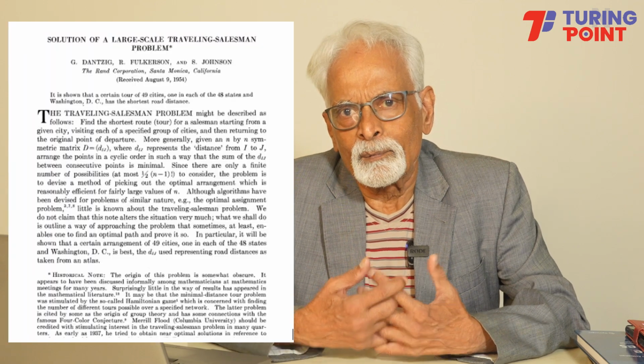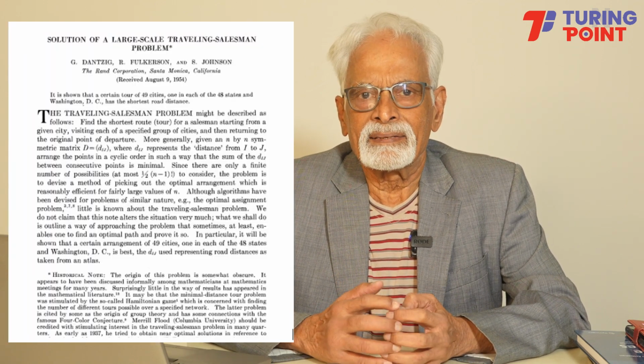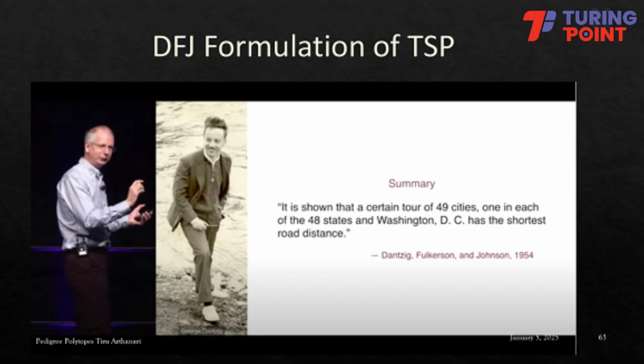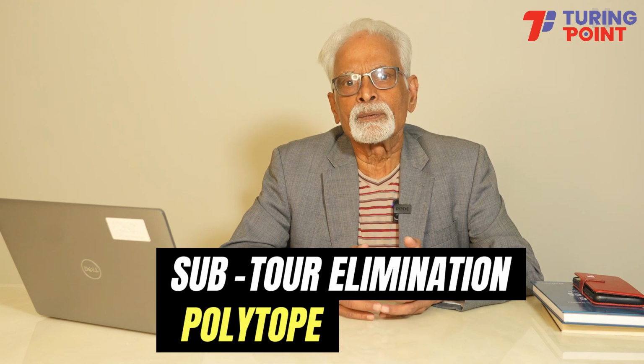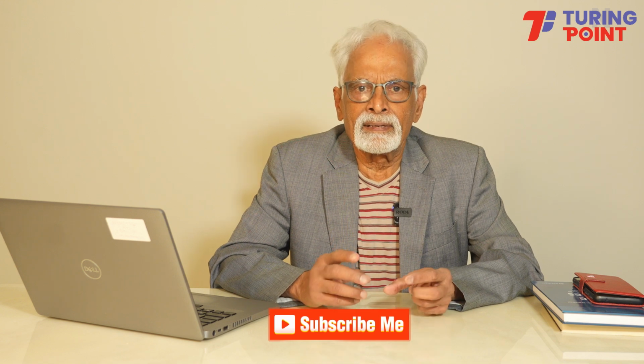The result which we know on the dimension of the Turing polytope is based on, of course, the well-known or the standard formulation given by Dantzig, Fulkerson, and Johnson. And in that formulation, as we discussed earlier, we have a polytope called the subtour elimination polytope. As discussed earlier, subtours are not complete tours.